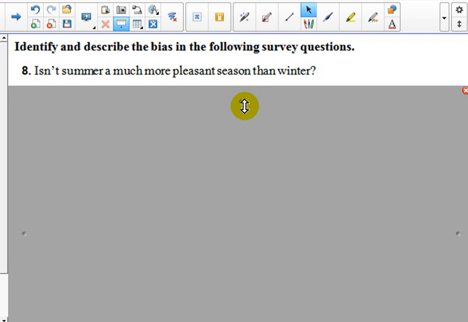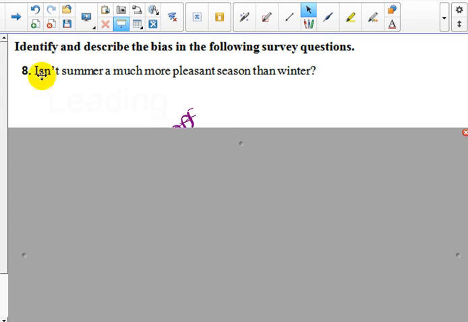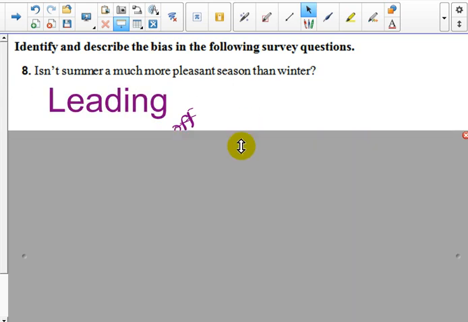Number 8, identify and describe the bias in the following survey questions. Isn't summer a much more pleasant season than winter? Is that biased? And what is it? Leading. It is leading. Definitely leading. You're leading because you're telling them, isn't summer? You want them to say, yes, it is.